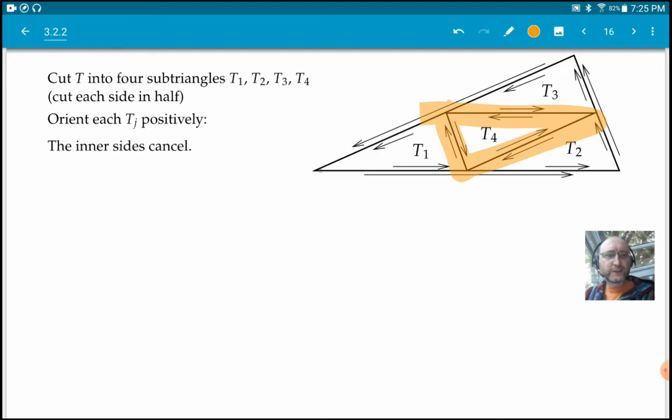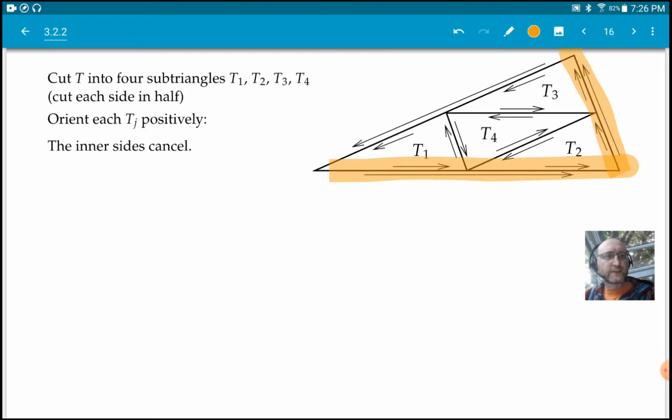So for T1, we're going like this, and for T4, sorry, we're going like this. So we're going in the opposite direction on these inside edges. On the outside edges, there's nothing that's going to cancel, and we're going in the same direction as the outside of the big triangle.